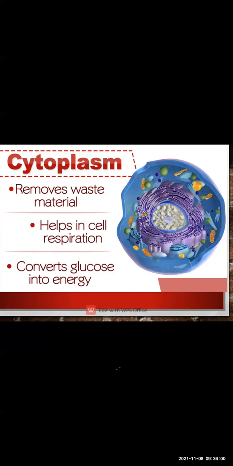Now whatever excess of water or exchange of gases has to be removed from the cell, that work is done with the help of cytoplasm. Now what is cytoplasm? It is a liquid in the cell which is present around the nucleus.